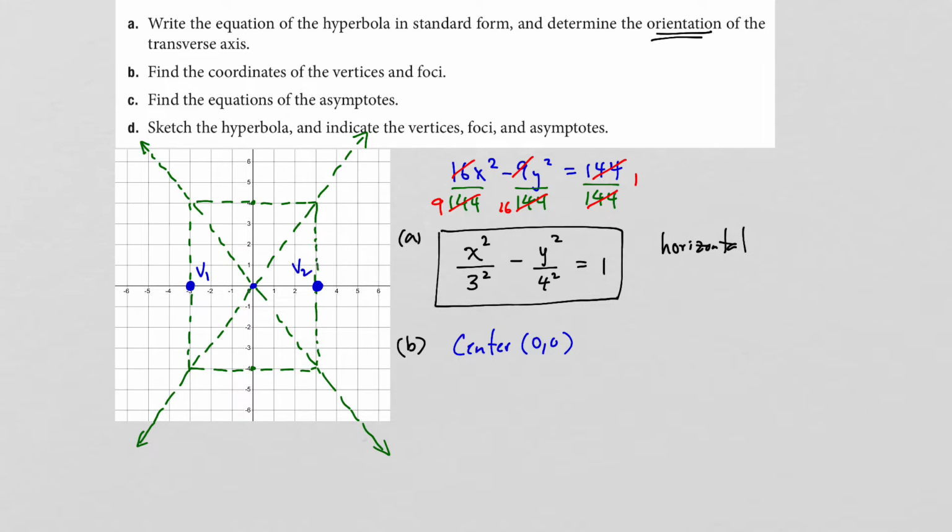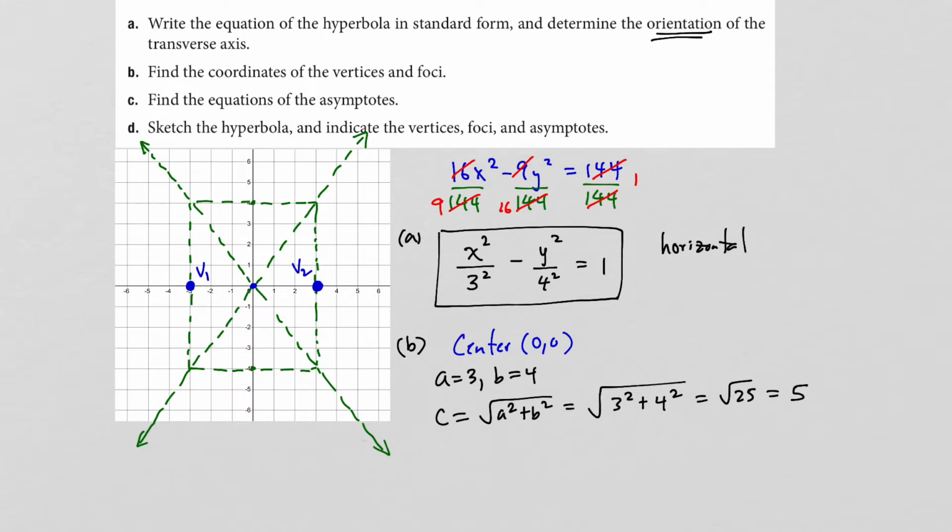Okay. And then to get the foci, we need the value of c. Okay, so remember, we know that a is 3, b is 4, and c is equal to the square root of a squared plus b squared. So that's going to be the square root of 3 squared plus 4 squared. And if you do the math on this, you get the square root of 25, which is 5.